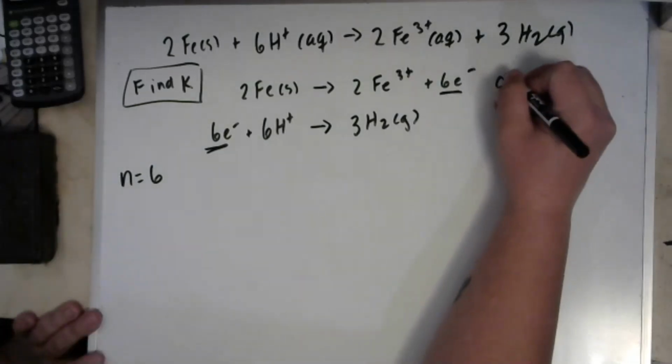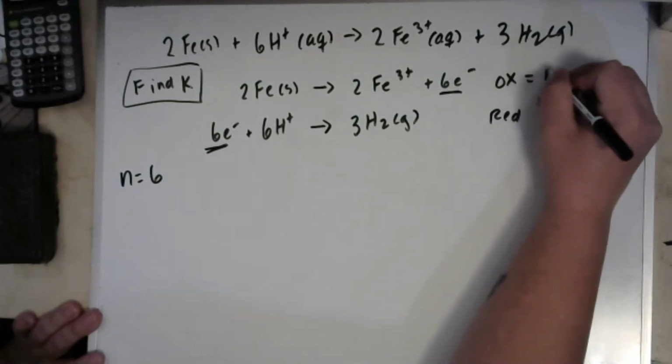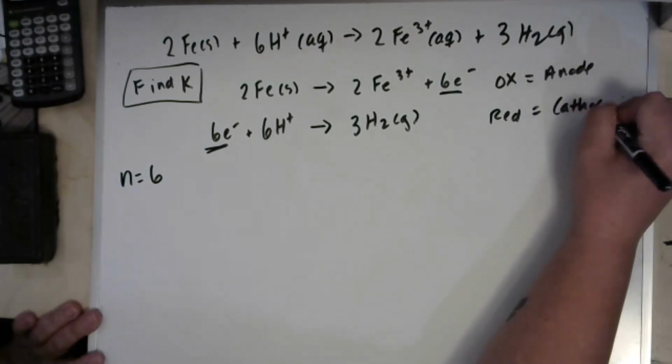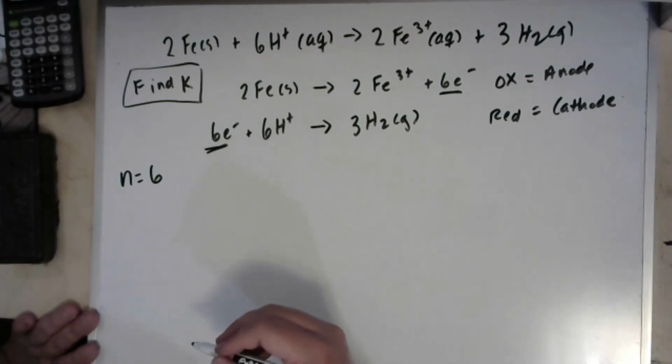Okay, we've already said that this is going to be oxidation and this is going to be a reduction. So this is going to be our anode and this is going to be our cathode. So now we're just going to look up the reduction potential values for each one.